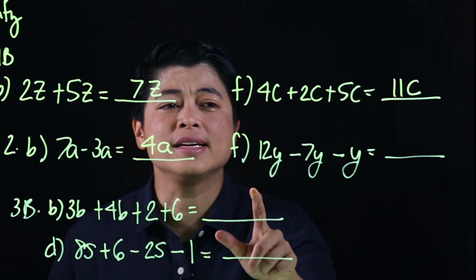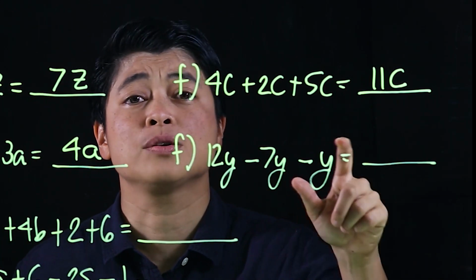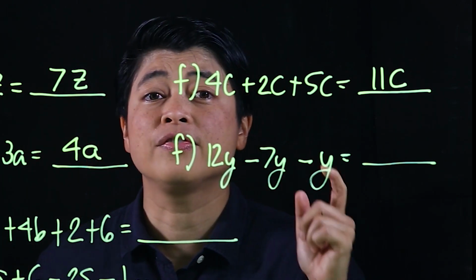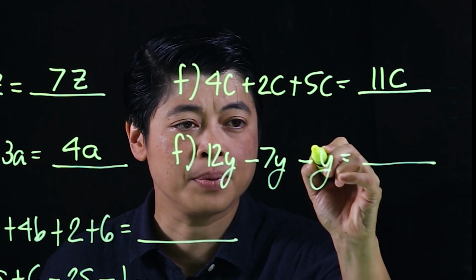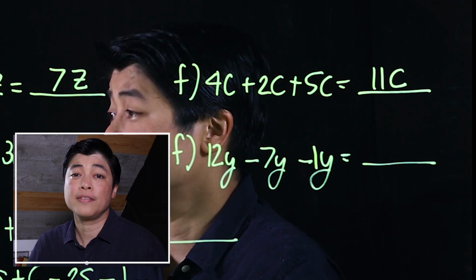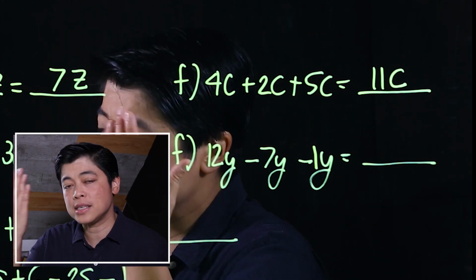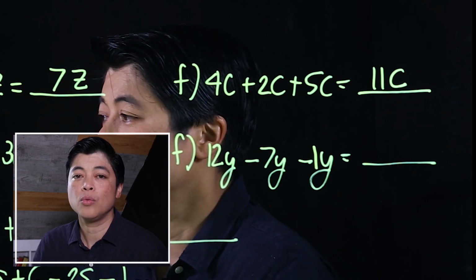Now, looking at this, it says 12y minus 7y minus y. If you don't see a number in front of the variable, that means there's a 1 in front. I'm going to put it there, but if you can visualize it without, that's fine. Putting a 1 is technically redundant, it's like saying I have a 1y.